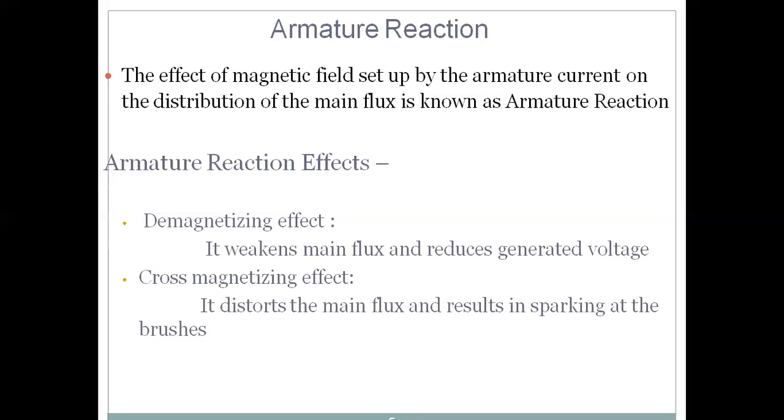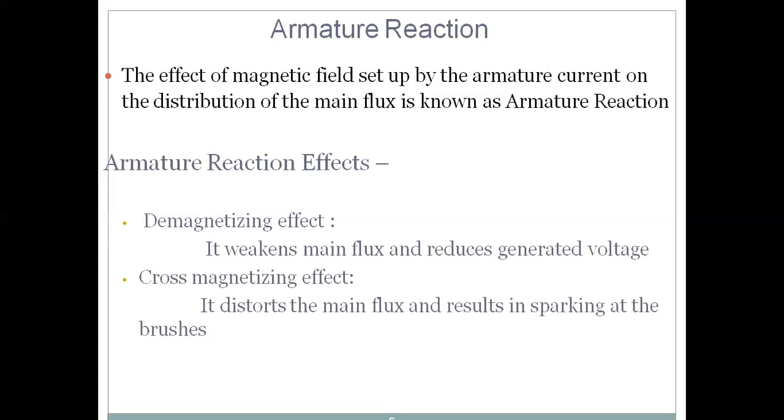Now, tell me, what is armature reaction? Armature reaction is the effect set up by the armature current on the distribution of the main flux. The flux set up by the armature current may weaken the main flux or distort the main flux.